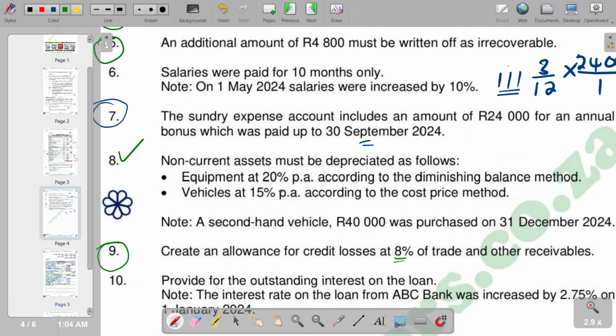Equipment at 20% per annum according to the diminishing balance method, which is the reducing balance method, is the one that we are supposed to use for equipment. And we see that we've got no further equipment that was purchased or disposed during the period. So we are simply going to calculate it using 20%.